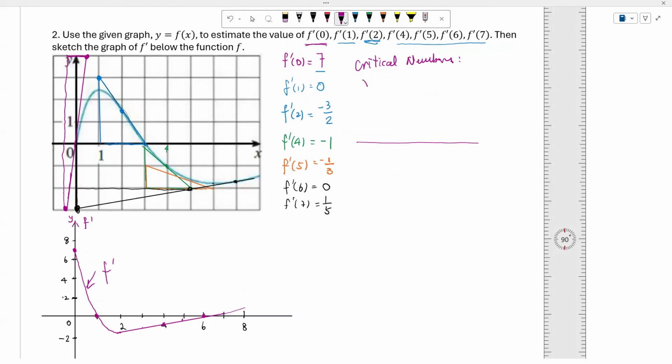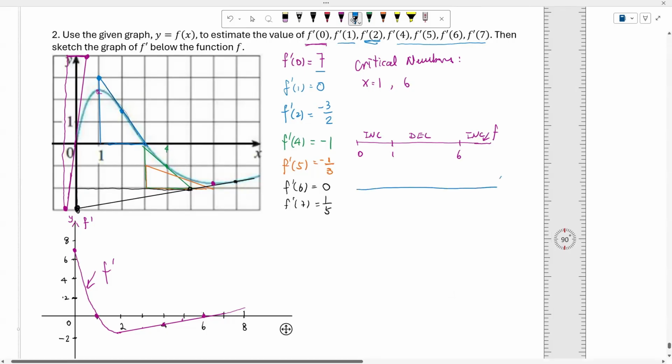You will find that x equal to 1 is my local maximum, and 6 is my local minimum, right? This is 6 right here, again for my f function. So from 0 to 1, the function is increasing. From 1 to 6, decreasing. And then from 6 on is increasing.